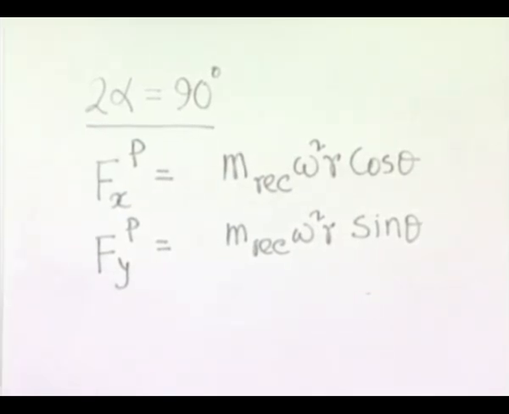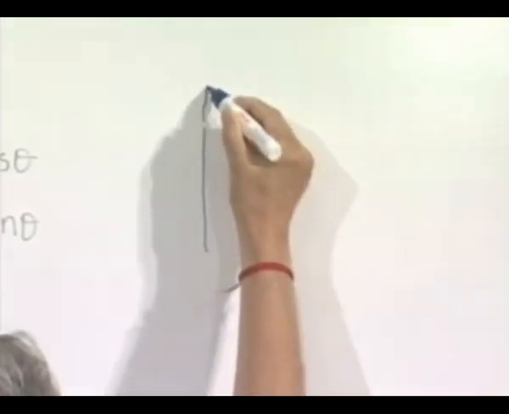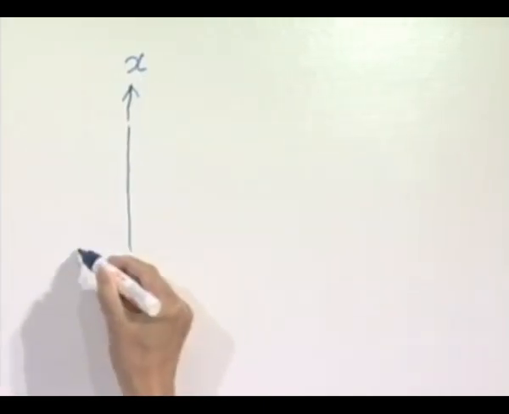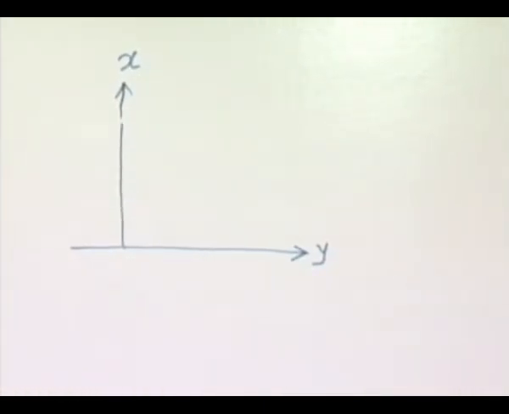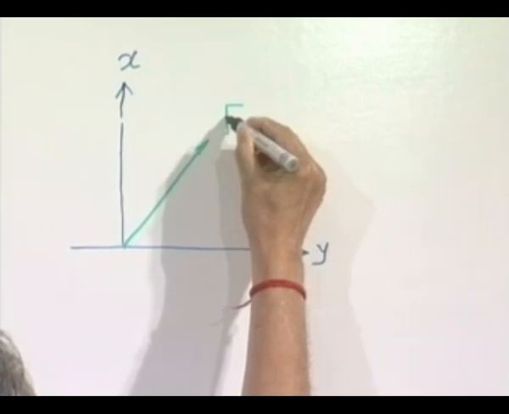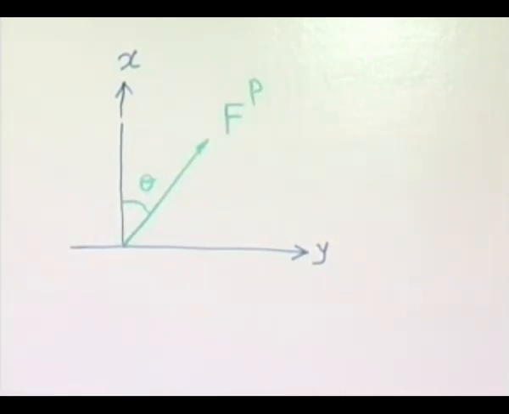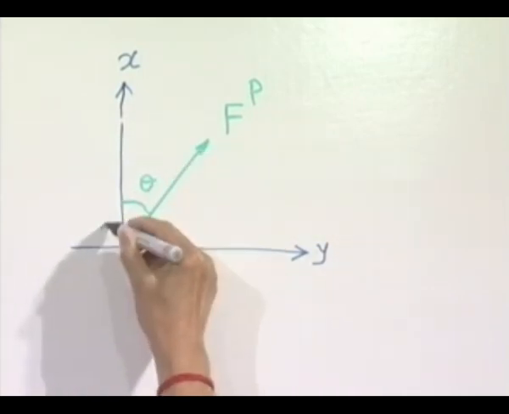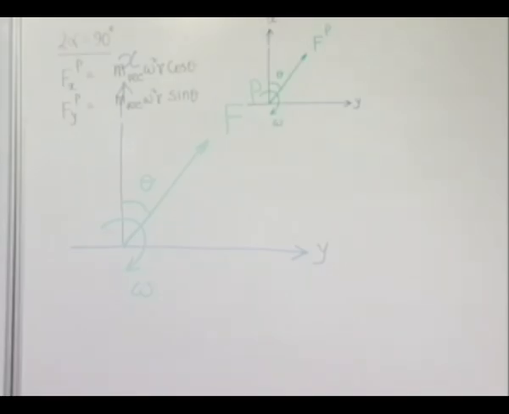That means, if this primary force, this is the x axis and this is the y axis, we see that the resultant unbalanced force at any instant F p, this angle is theta, and it is rotating at the same speed along with the crank, real crank or actual crank.